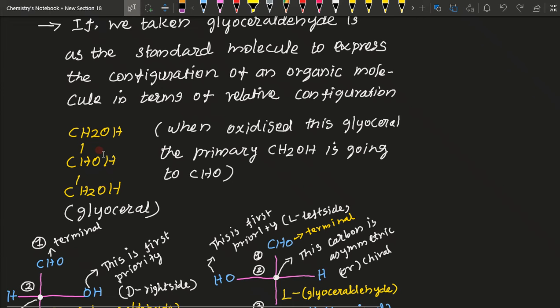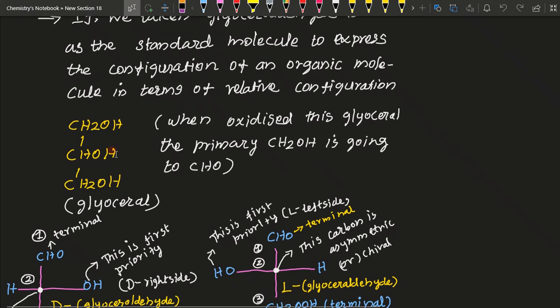This is glycerol. Glyceraldehyde means it has an aldehyde functional group. So when we oxidize this glycerol, the primary CH2OH goes to CHO.